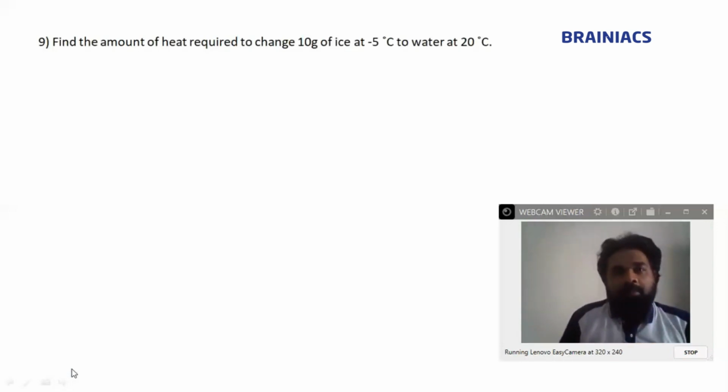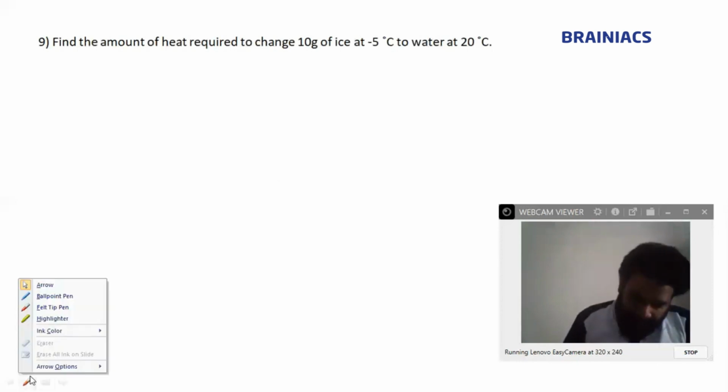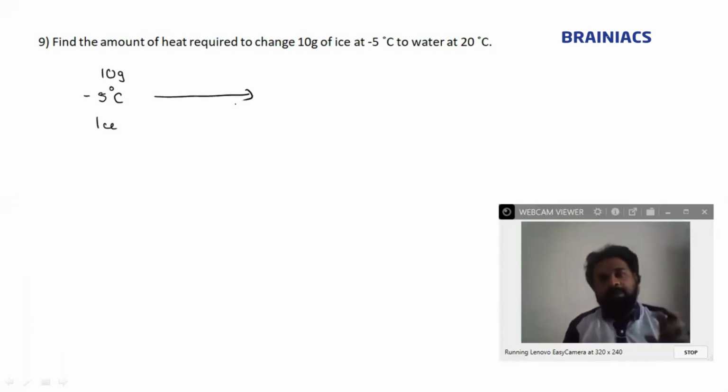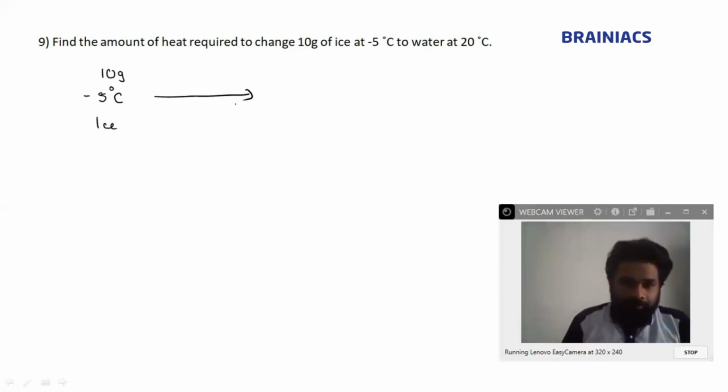Next question: find the amount of heat required to change 10 gram of ice at minus 5 degrees Celsius to water at 20 degrees Celsius. Here the process involved is this: we have minus 5 degrees Celsius ice, 10 gram. If we keep applying heat to it, this cannot become water directly.